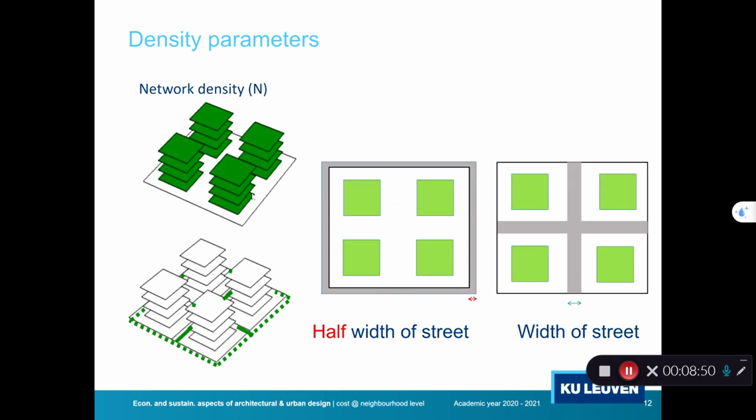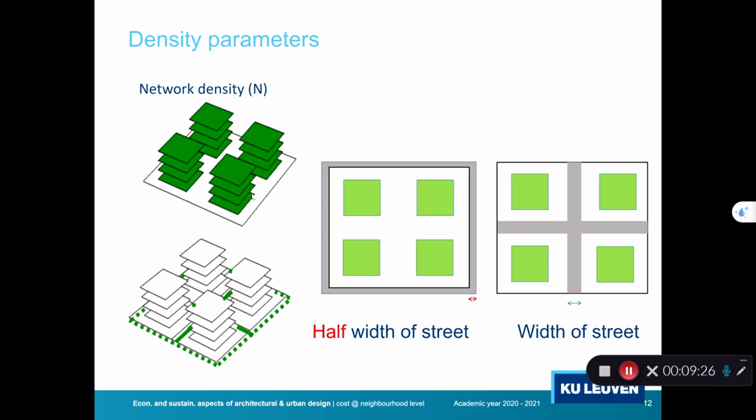So to explain that graphically, if we look at this picture and we have 4 buildings, we have streets surrounding the neighborhood and we have streets crossing the neighborhood. Well, for the surrounding infrastructure, we only account for half of the street because the other half is serving also the other neighborhood, so it's a 50-50% allocation, while it is assumed that the roads crossing the neighborhood are only used by the residents in the neighborhood and hence are fully accounted for.